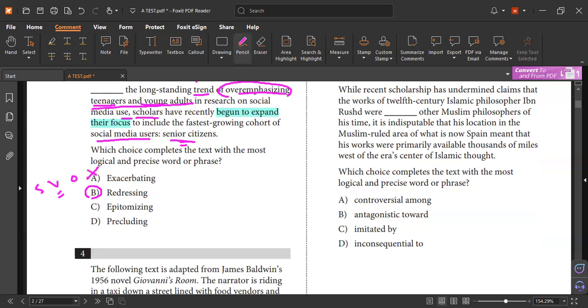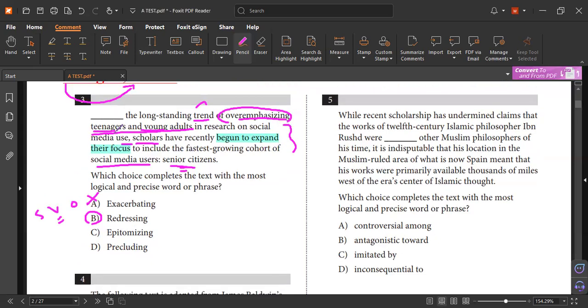Why not C? What does C mean, if you remember? Epitomizing? Epitome in Greek vocab is to provide an example of something, to illustrate, to explain more, to elaborate. But in the passage he didn't mention that they wanted to give an example, or that they exemplify. It does not make sense. What does preclude mean?